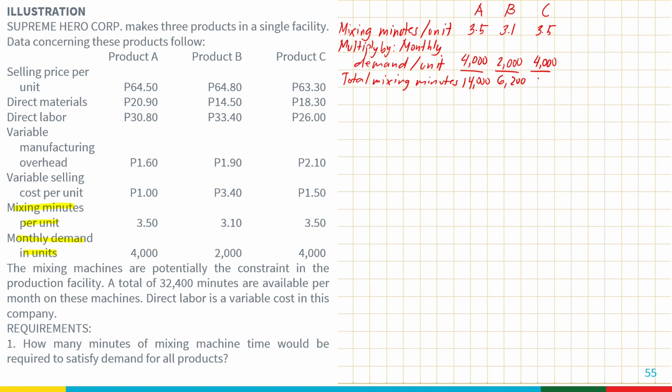This is also 14,000. Now let's get the total. That's 28,000 plus 62. Total of 34,200. So this will be our answer, if we're going to add these three amounts. So that's the answer for number 1.